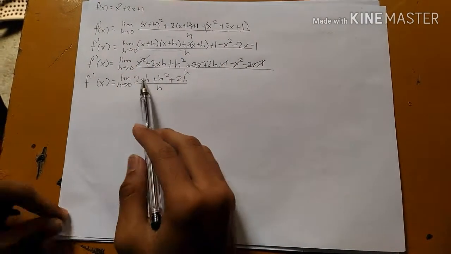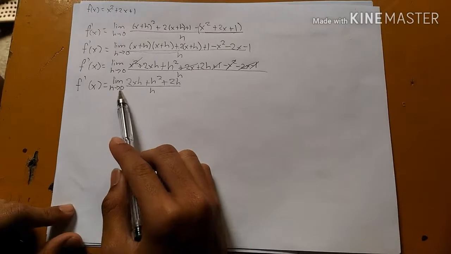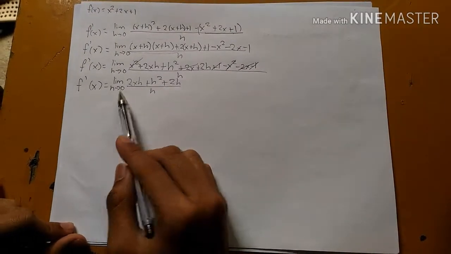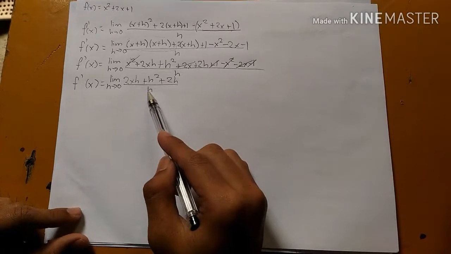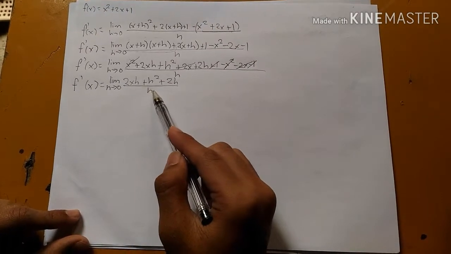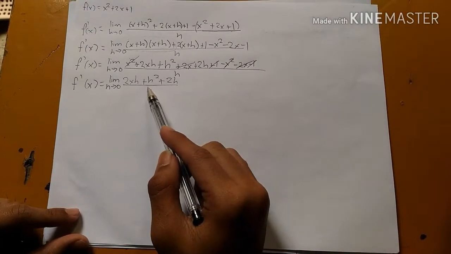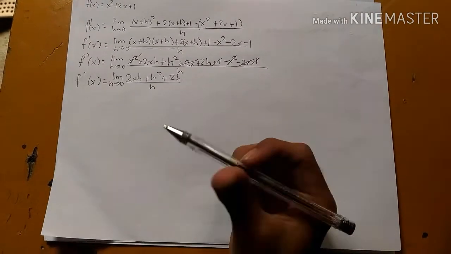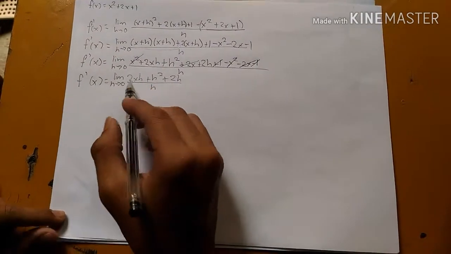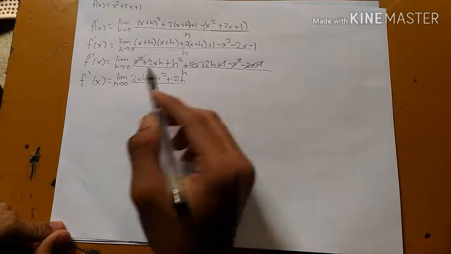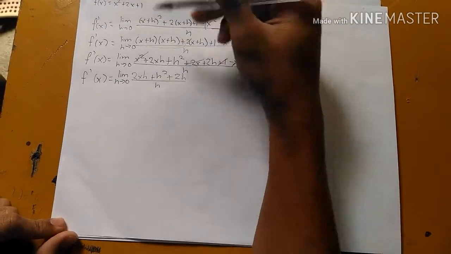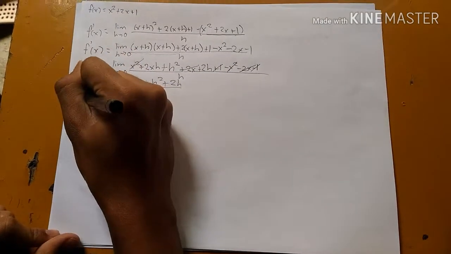Next, we know that if we just replace every h with 0, the denominator will turn 0 and our function will become undefined. So what we have to do is take out h so that this one can be cancelled. This is how we do it.